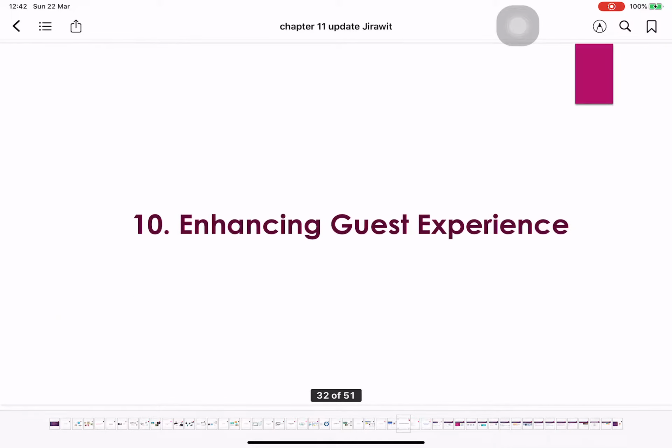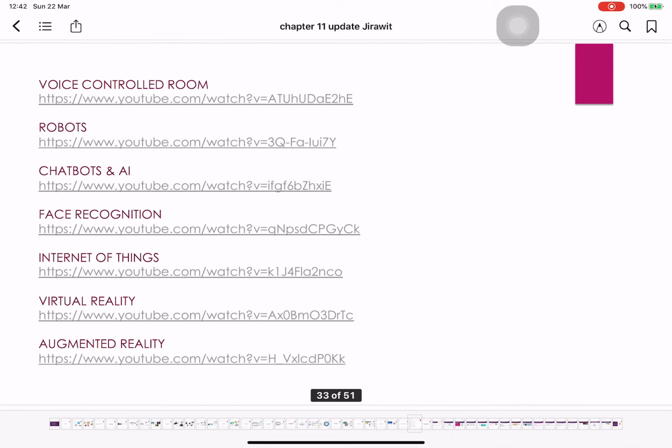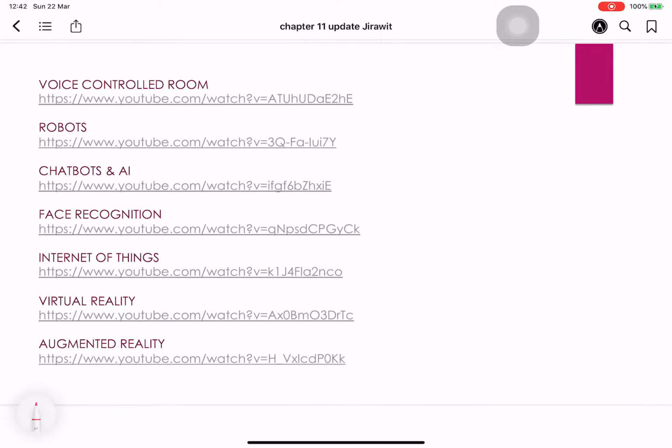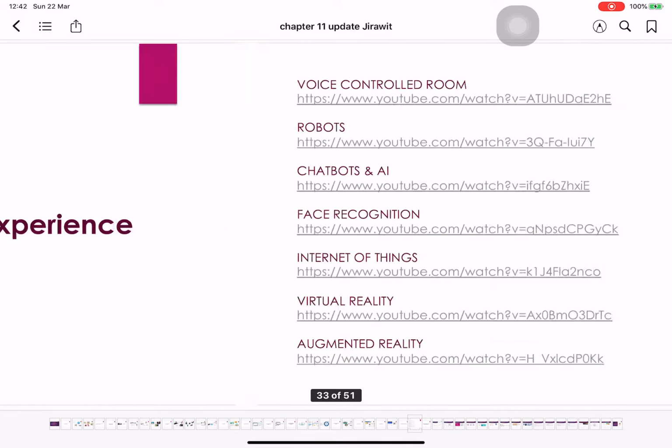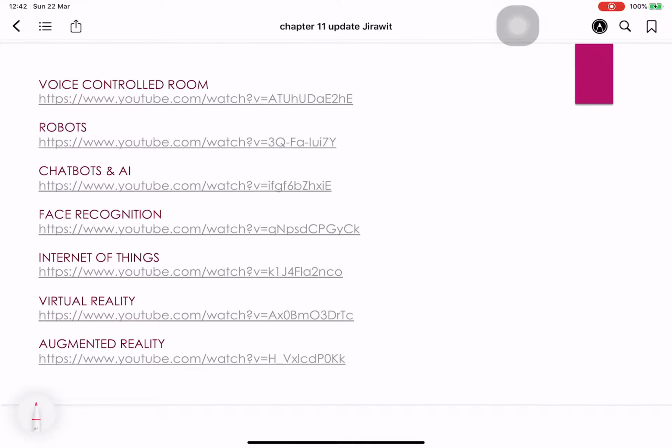Number 10, enhancing guest experience. Okay, this is an example of enhancing guest experience. This is the function to do voice control of the room, and that product or give your guest experience. You might have a robot, you might have a chatbot AI when you want to enter the room or the place. You can do face recognition.